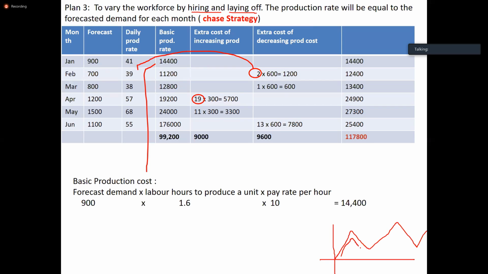If more employees and more production are needed, you have to hire. If the product demand suddenly decreases, you have to remove some of the employees. Whenever demand increases again, you can hire. So this is the chase strategy. We'll see it now.